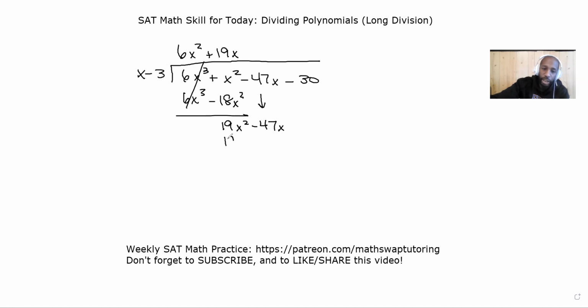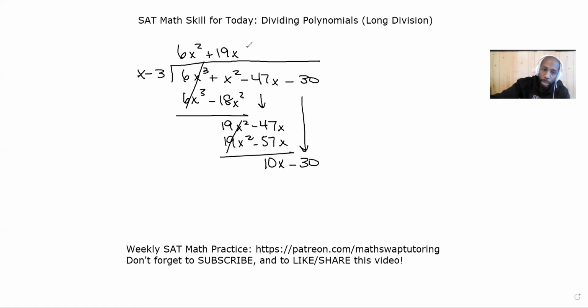X times 19x is 19x squared. Negative 3 times 19x is negative 57x. Remember, we're subtracting. These go away. Negative 47x minus negative 57x, which is negative 47x plus 57x, is going to be 10x. Bring down the minus 30.